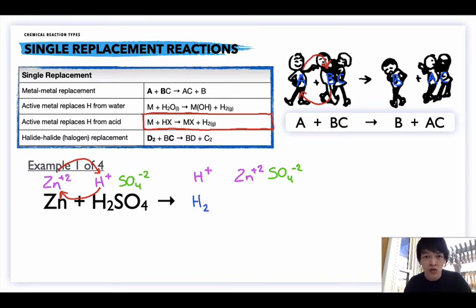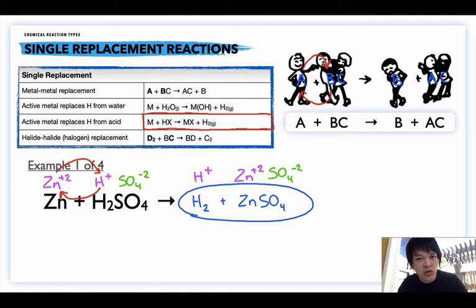You can go over our videos on covalent compound naming and formula writing to know what these 7 diatomic molecules are. And as for our zinc sulfate here, since both of them are positive 2 charge, we need 1 of each ion. If you have 1 of each ion, then the compound will be neutral. And this is going to be our final answer here.